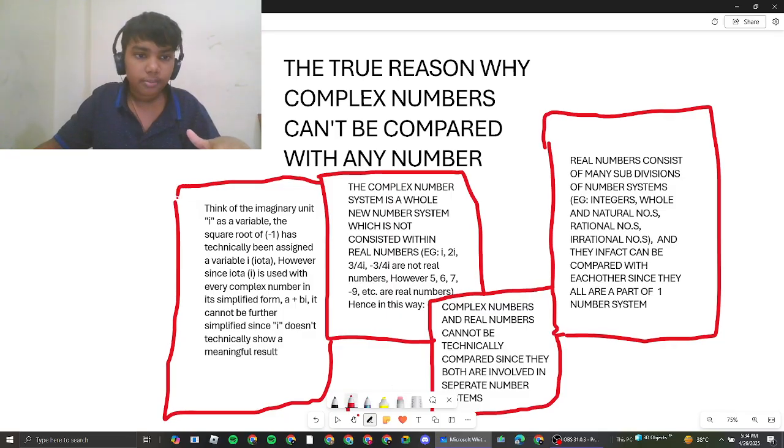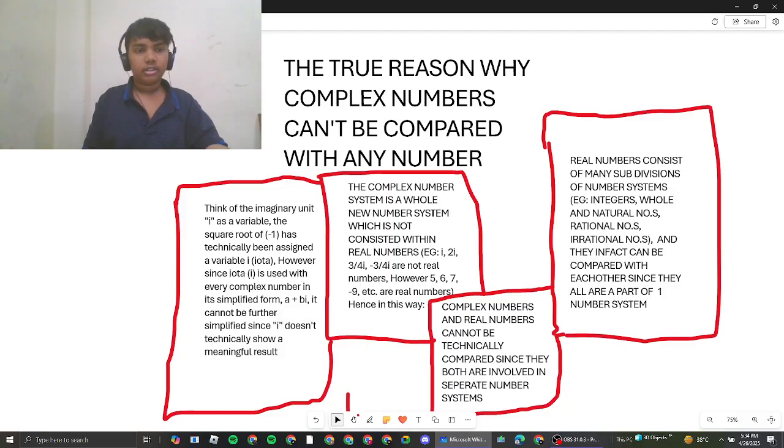And complex numbers cannot be compared with other complex numbers, since they cannot be visually seen.